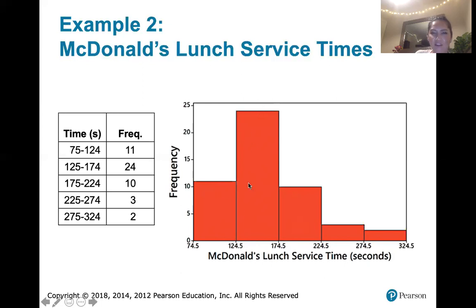And then this one is very tall. If this is a frequency of 25 and that's a frequency of 20, it makes sense that that looks like about 24, and that's what it says in the table, and so on. So you're able to create a histogram like this using this data.